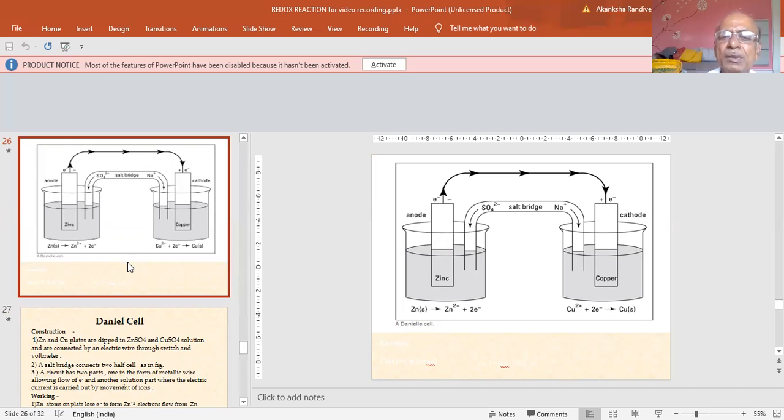On the left hand side, there is a zinc electrode dipped into a solution containing Zn2+ ions, and on the right hand side, a copper electrode is dipped into a solution containing Cu2+ ions, for example copper sulfate. The two electrodes are connected by an external wire, and the two solutions are connected by a salt bridge.